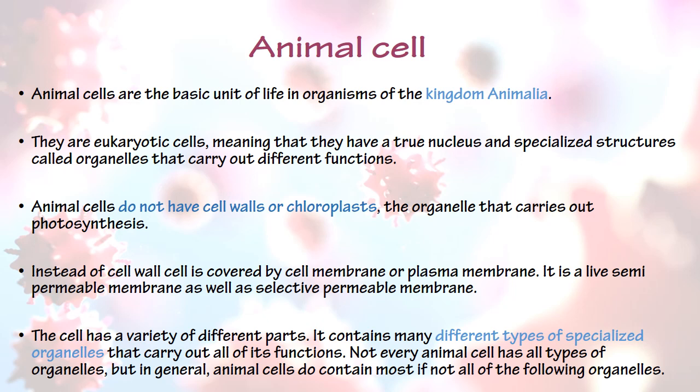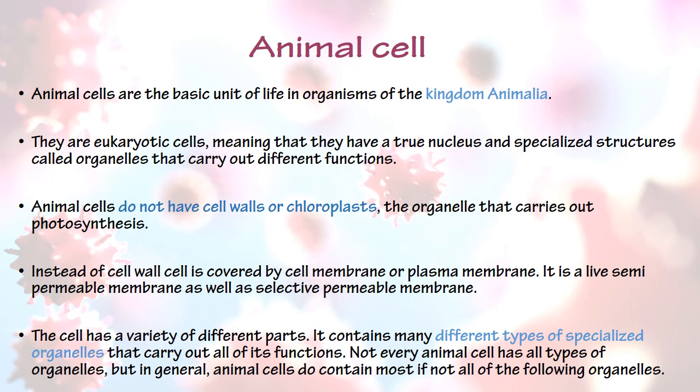And compared to the plant cell, animal cells do not have a cell wall and chloroplast. Chloroplast is the organelle which carries out photosynthesis. But photosynthesis is not taking place in the animal cell, so it is lacking in the animal cell.